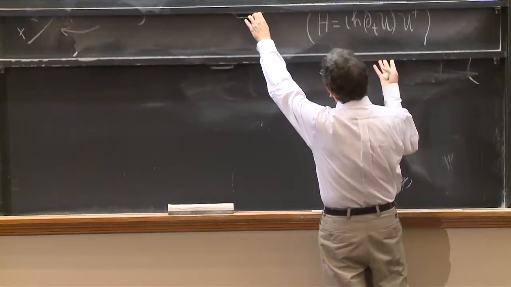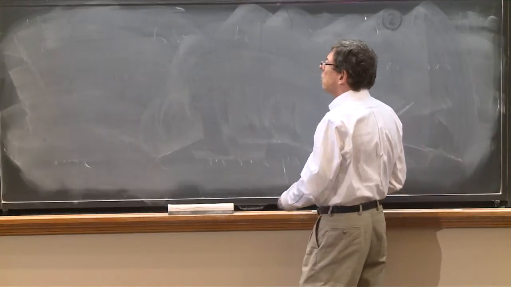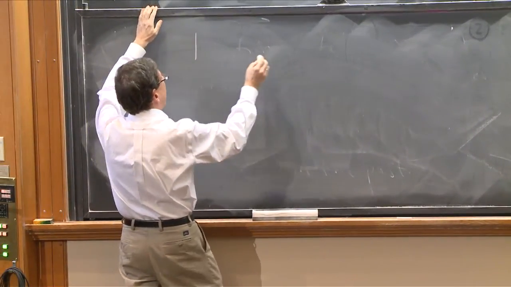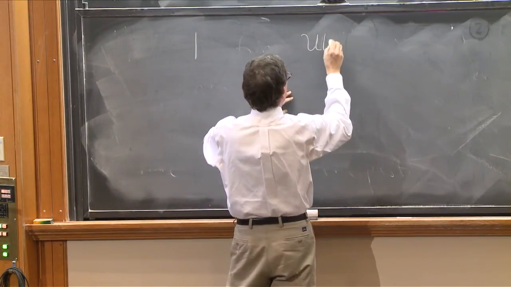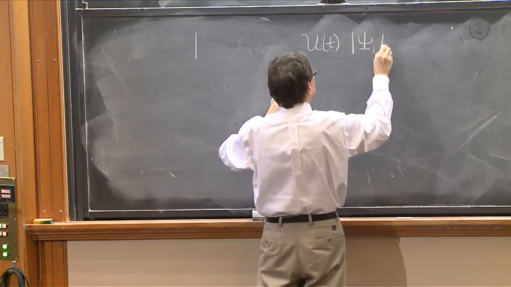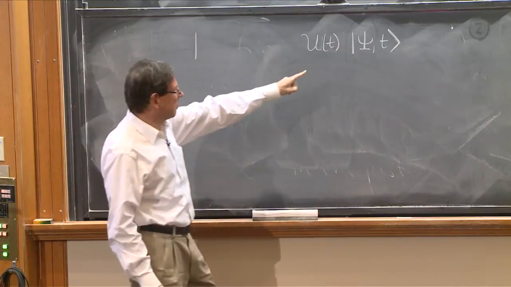So the way we now make this complete is to say, well, I'm going to attempt to do the following. I'm going to act with this U of t on this complicated state that I don't know how it behaves.